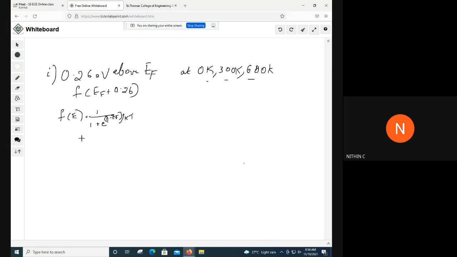So here we need to find the probability of occupancy at an energy level 0.26 electron volt above EF. So we need to find f of EF plus 0.26. What is that equal to?